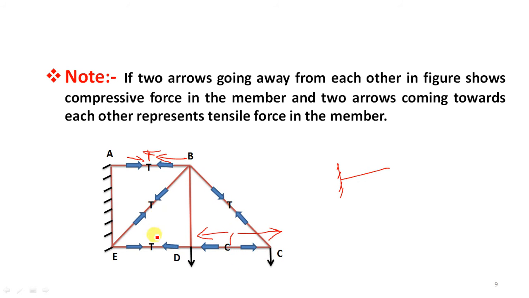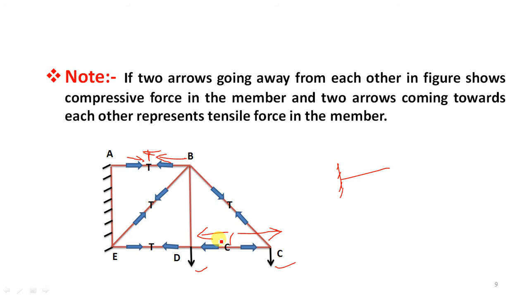Here I have shown the members are in tension and this member is in compression. This arrowhead indicates that we can apply the load at these joints. So got it? How to show the tension and how to show the compression. Arrows approaching towards each other indicate tension in the member. Arrows going away from each other indicate compression in the member.